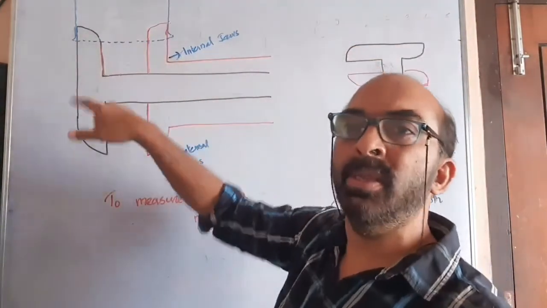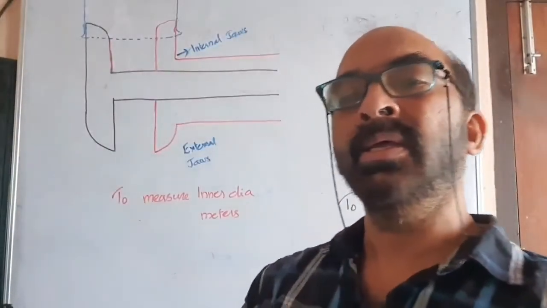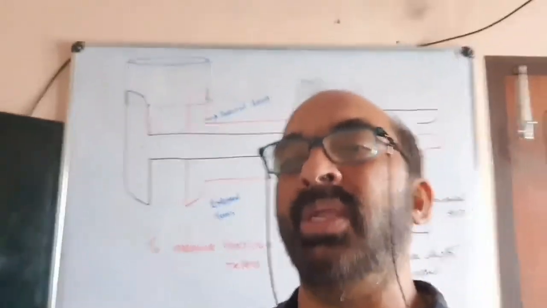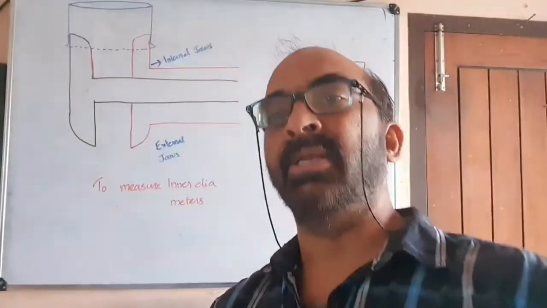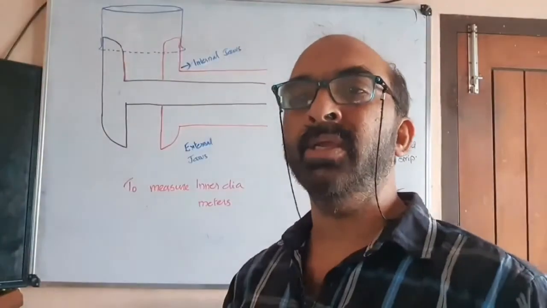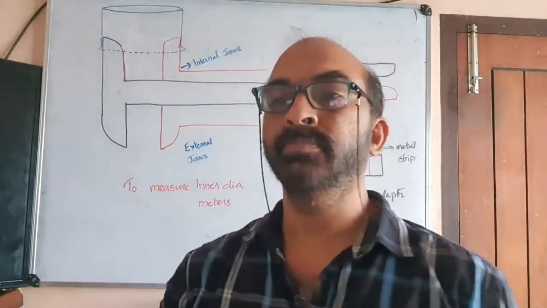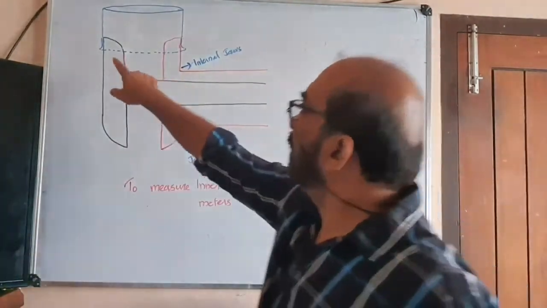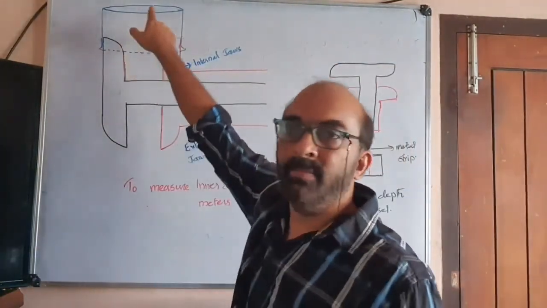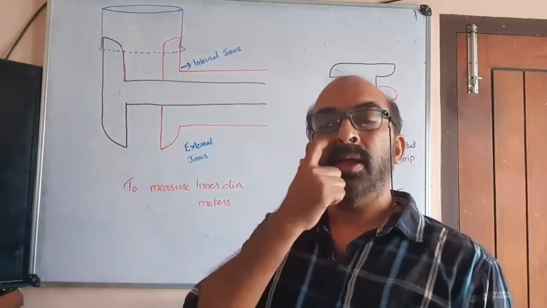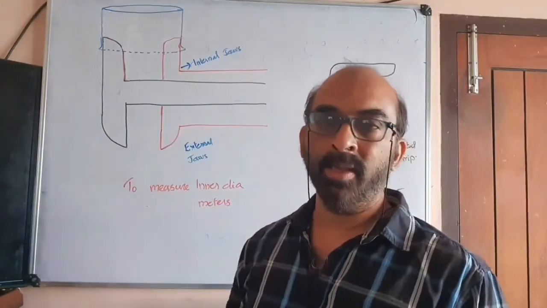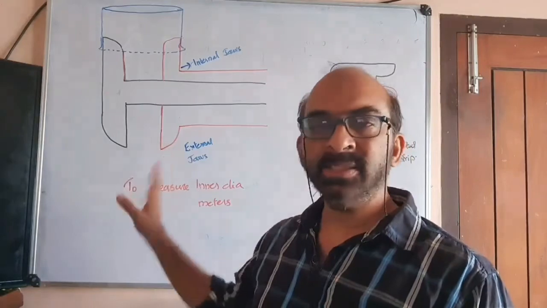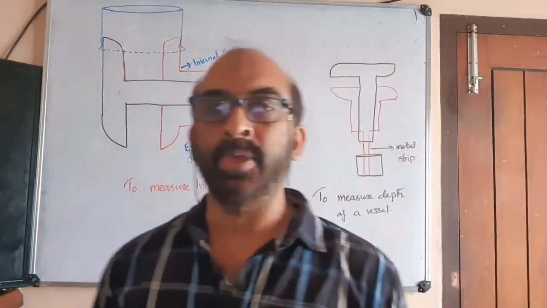Internal jaws can be used to measure the inner thickness, inner radius of a vessel. Inner diameter and radius of a vessel can be measured using the vernier caliper. Measurement, etc. are the same.